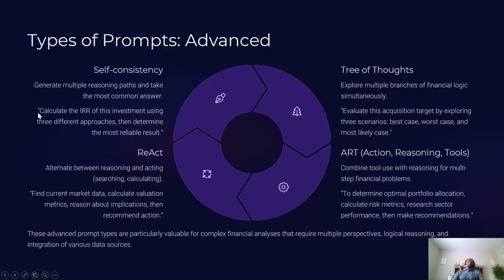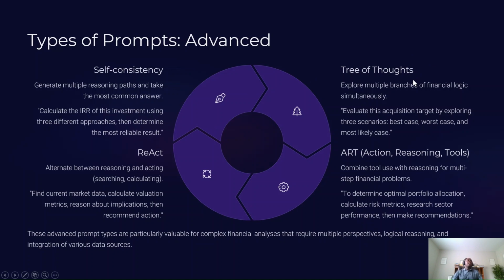Now, in advanced, there are different types of advanced prompts, such as self-consistency, ReAct, tree of thoughts, and ART, which is act, reasoning, and tools. For self-consistency, we're generating multiple reasoning paths and taking the most common answer. Tree of thought is more like a continuation of self-consistency, where we explore multiple branches of financial logic simultaneously.